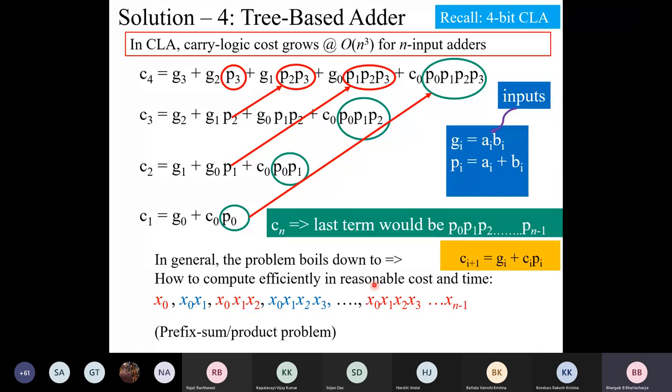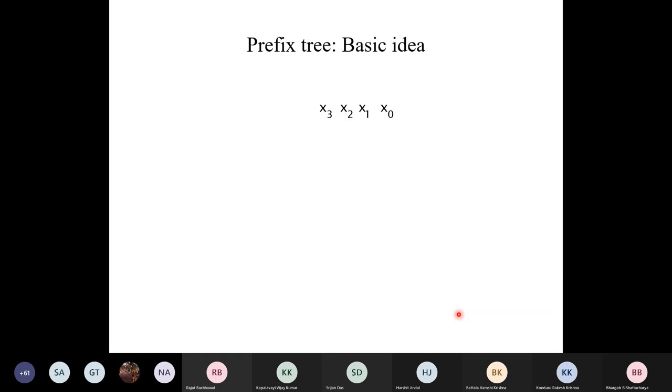So if you can solve this theoretical problem, the generation of the prefix sum and product from the inputs x0 to xn minus 1, we are done, right? So this is a brilliant solution, but very simple. The basic idea is the following. This is my input. For example, let us start with just 4 variables: x0, x1, x2, x3, and I want to generate terms like this.